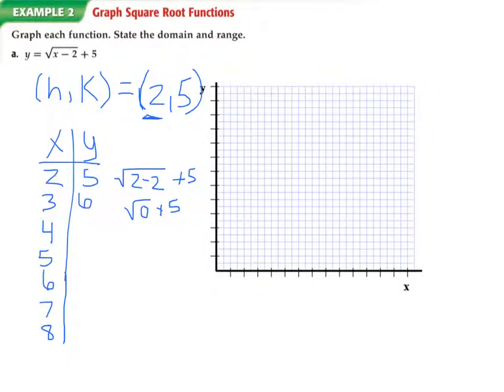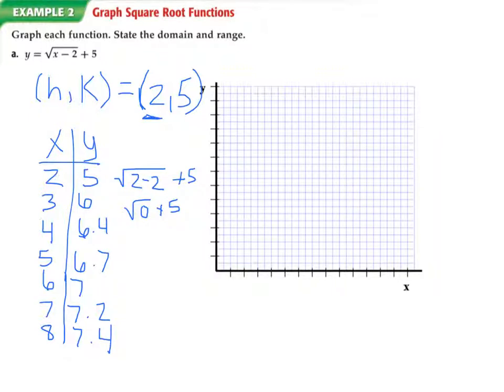We'd end up getting 6, 6.4, 6.7, 7, 7.2, and 7.4.